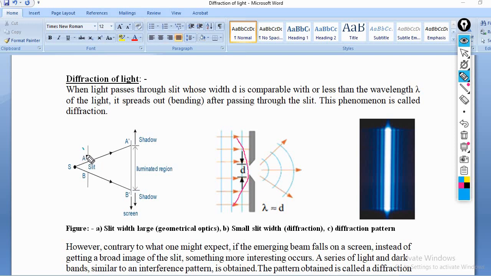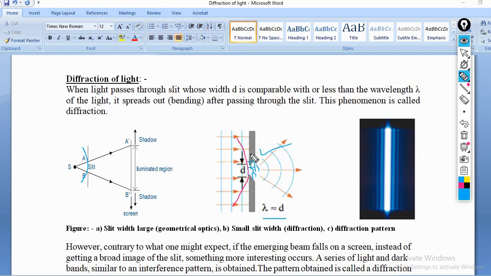Here also we get the wavefront, but the number of secondary light sources is quite large, so the individuality of the secondary light sources is almost absent. But when the slit width and wavelength are comparable, individual secondary light sources play a very important role. Individually they act as a source of light, and when the waves spread out, they overlap with each other.